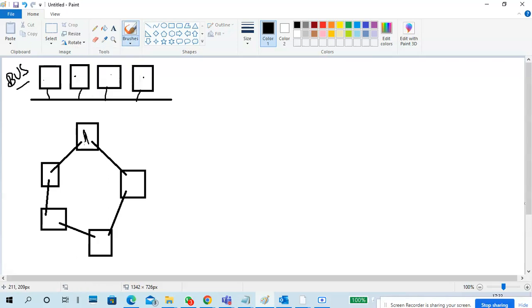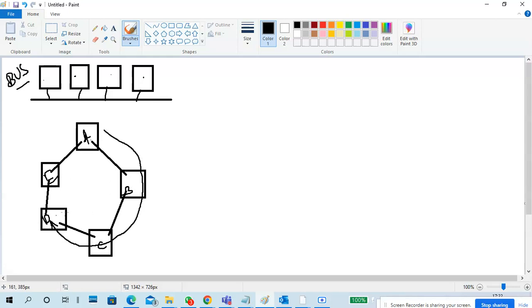It works based on protocols. For example, take A, B, C, D, E. A wants to communicate to D. The packet is sent to B, B sends it to C, C sends it to D. Not A, E, D; A, B, C, D only.